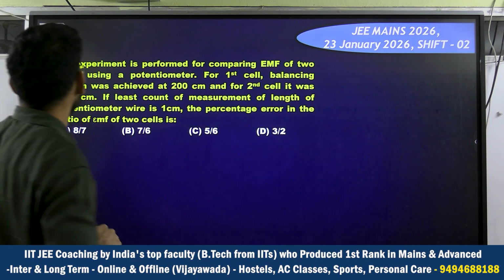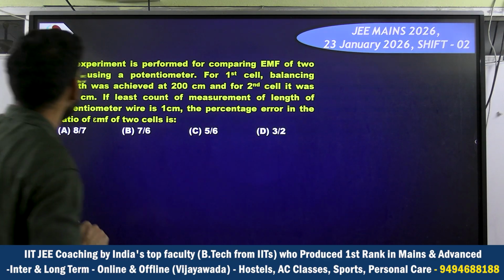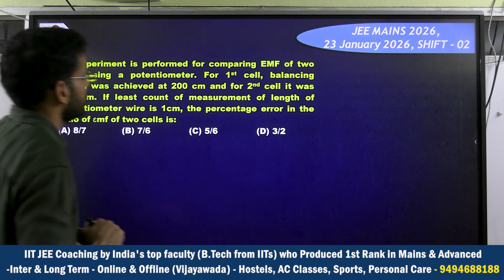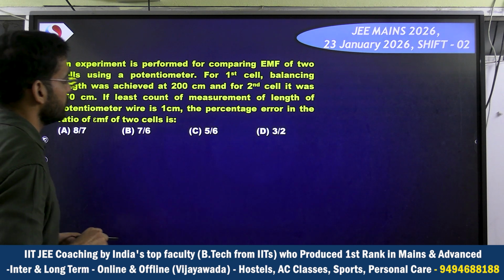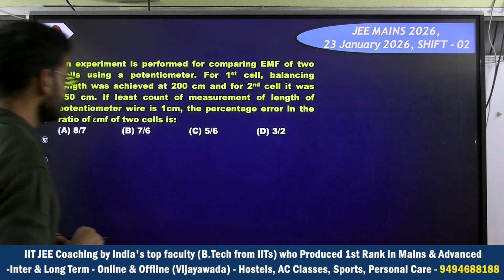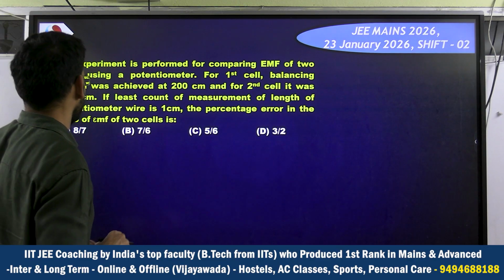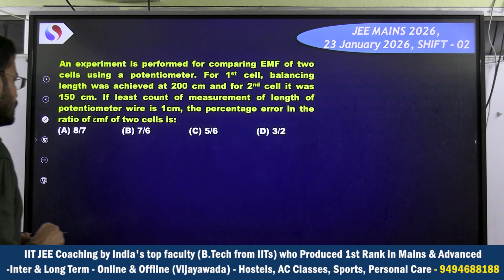Next, an experiment is performed for comparing the EMF of 2 cells using a potentiometer. For the first cell, the balancing length achieved is 200 centimeter, and for the second cell it is 150 centimeter. If the least count of measurement of length of the potentiometer wire is 1 centimeter, find the percentage error in the ratio of EMF of the 2 cells.